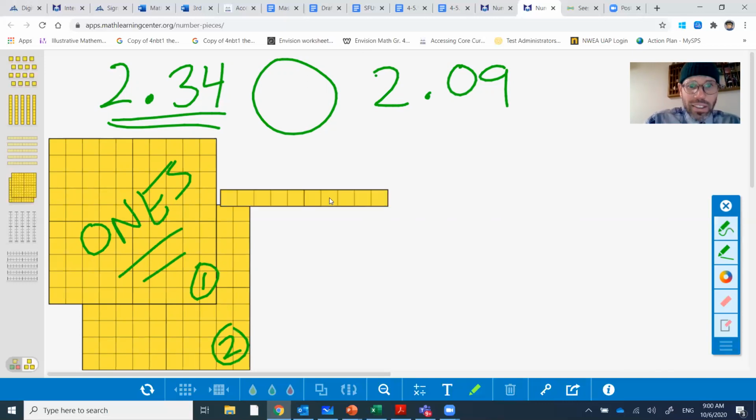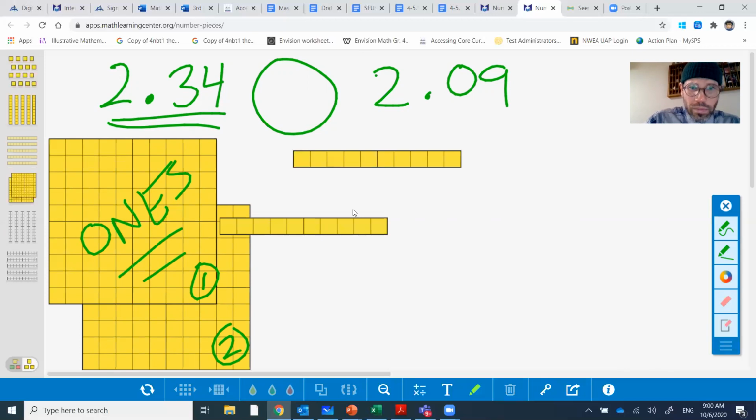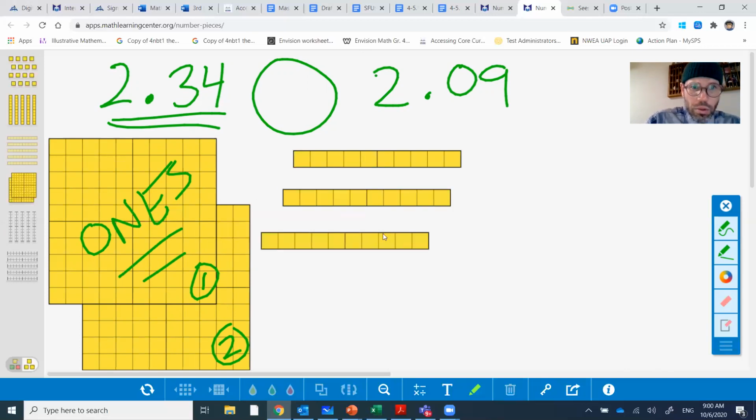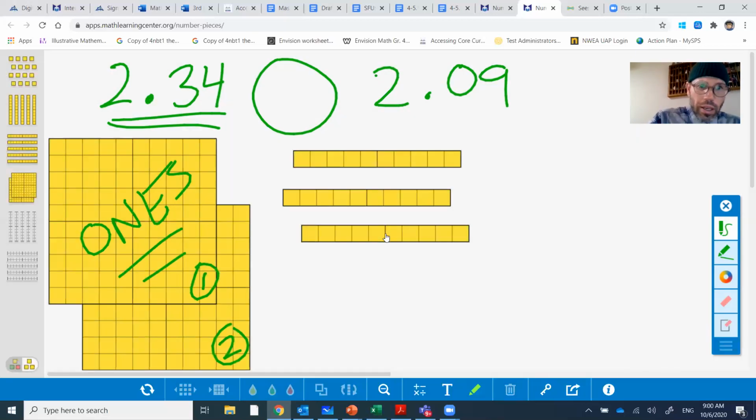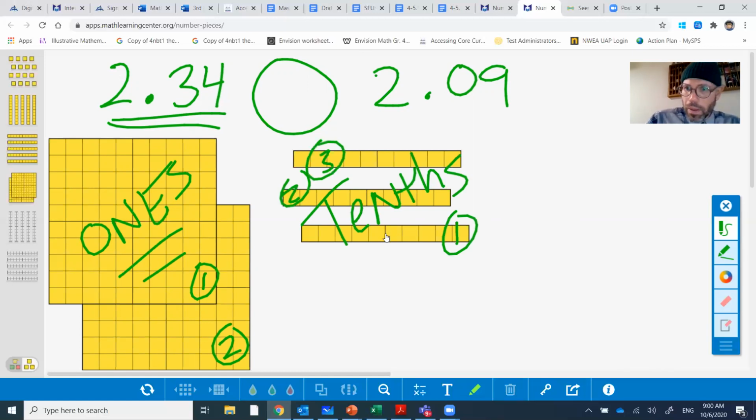And then we have 3/10. So 1, 2, 3. Okay, and here's the tenths. There's 3 of them. So remember, we got a decimal point right here. And then we have 4 hundredths. So 4 of these little guys.